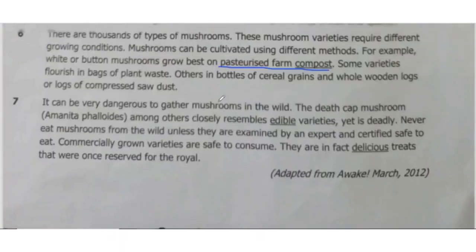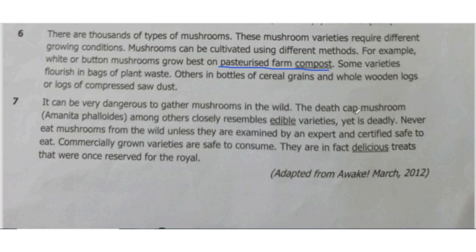So let's go through the last paragraph, paragraph 7, which says it can be very dangerous to gather mushrooms in the wild. The death cap mushroom, Amanita phalloides, among others, closely resembles edible varieties, yet is deadly.